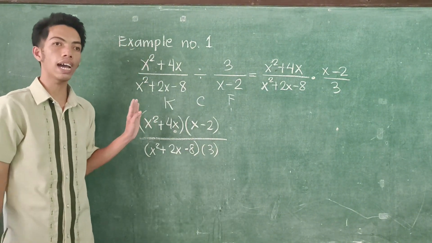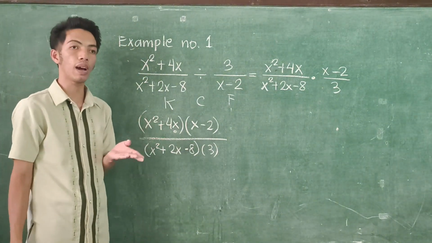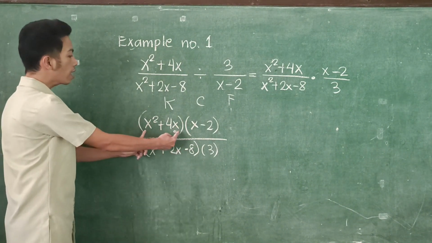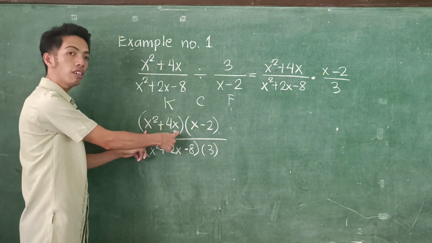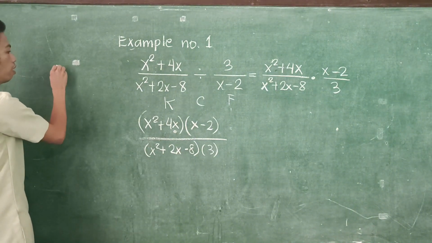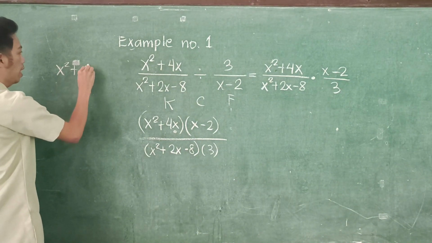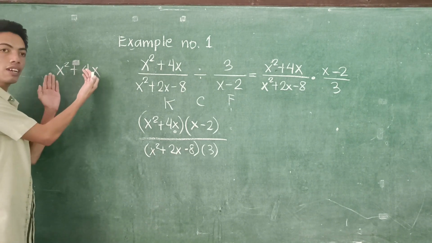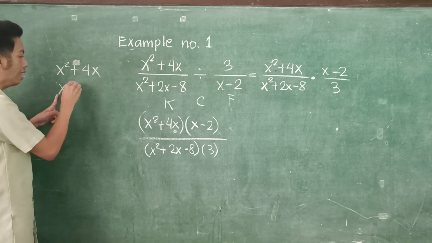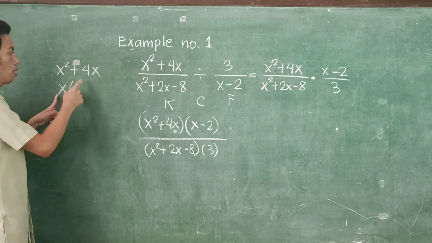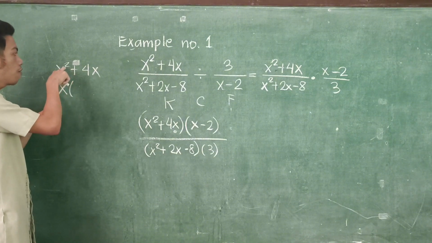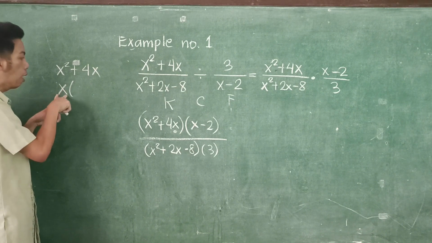So, ang gagawin natin, maghahanap tayo ng mga factors ng mga expressions sa numerator at sa denominator. So, yung x squared plus 4x, ma-factor natin siya using greatest common monomial factor. So, how to factor x squared plus 4x? In this case, the greatest common monomial factor is x. So we will write it outside the parentheses. The process of factoring using greatest common monomial factor is just dividing each term by the factor outside.